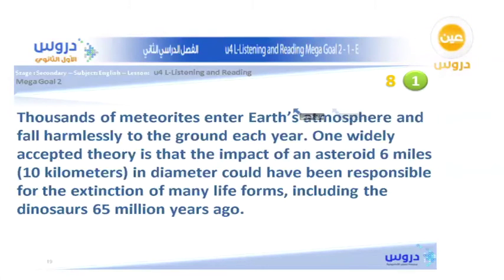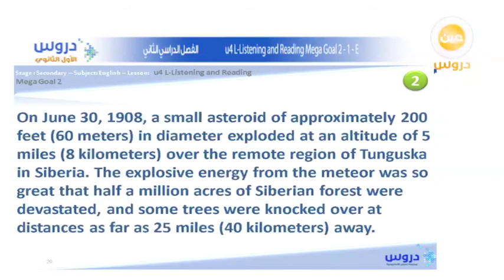This is interesting. The second paragraph: on June 30, 1908, a small asteroid of approximately 200 feet, that is about 60 meters, in diameter, exploded at an altitude of 5 miles, 8 kilometers, over the remote region of Tunguska in Siberia.